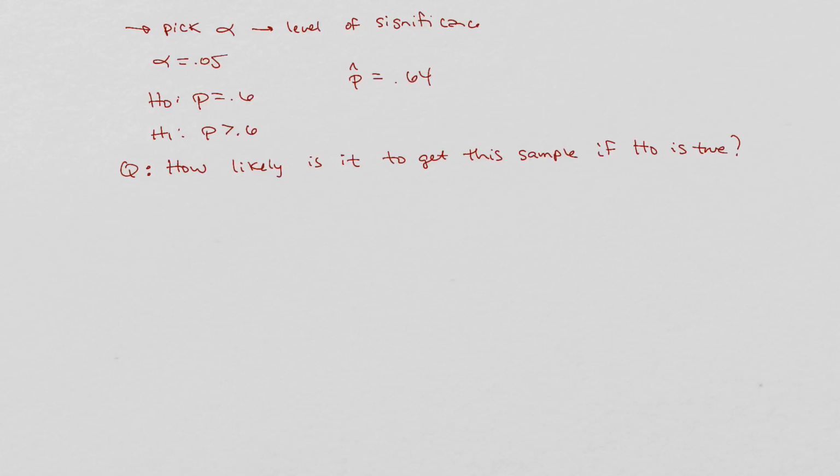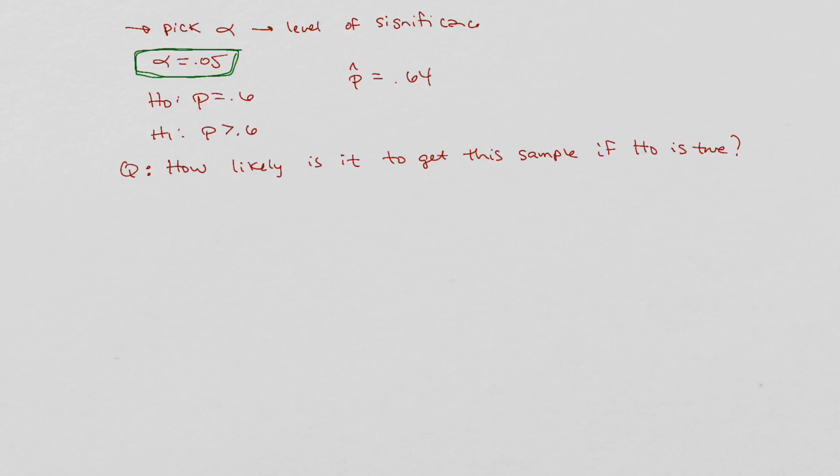So the question we're asking ourselves is this: how likely is it to get this sample if H naught is actually true? Because if it's really hard to get this sample, then that's evidence that H naught is false. And if it's fairly easy to get the sample, that's evidence that H naught is true. That's what alpha tells me. So here, since alpha is 0.05, this needs to happen less than 5% of the time in order for me to reject H naught.